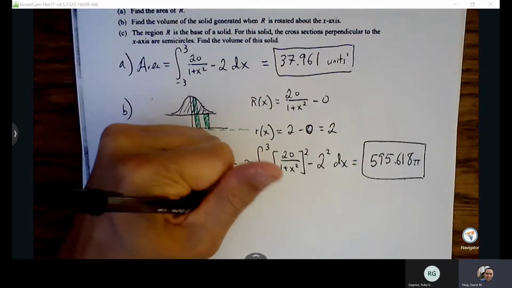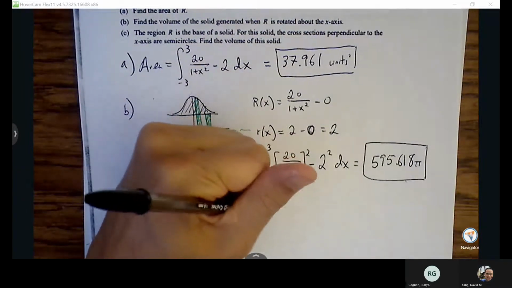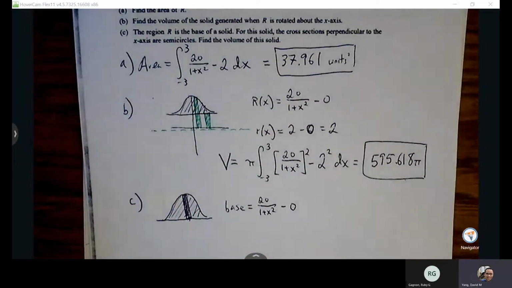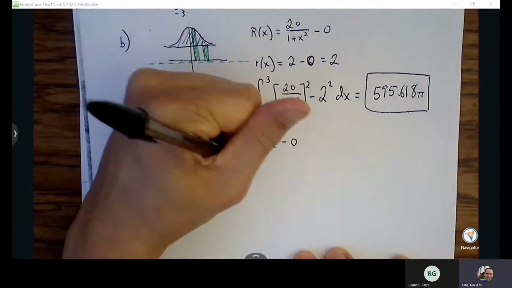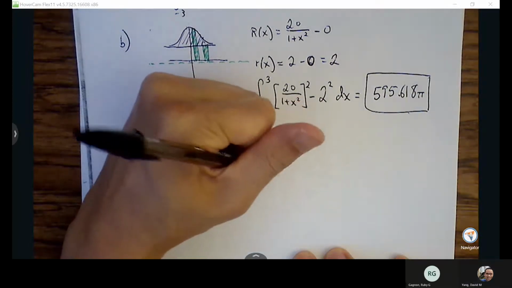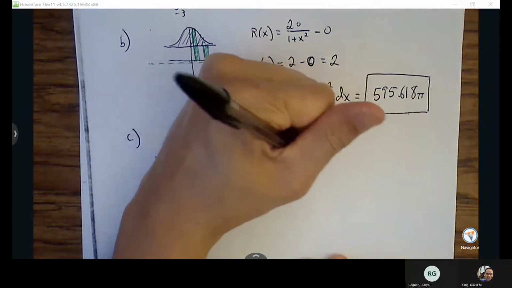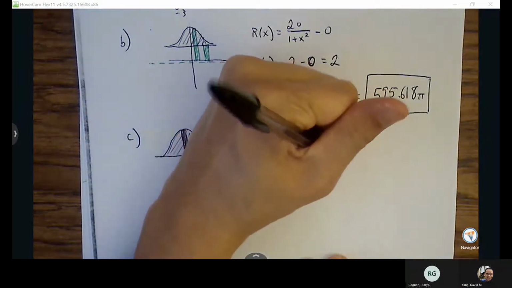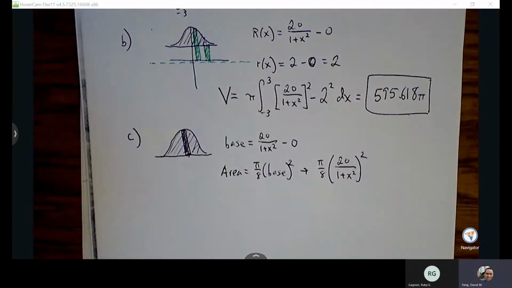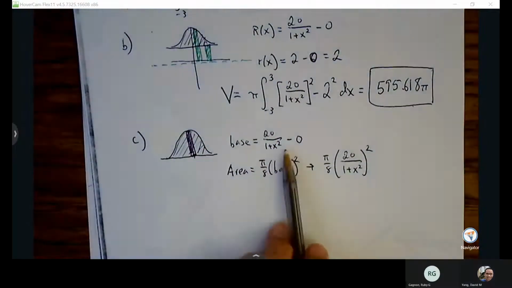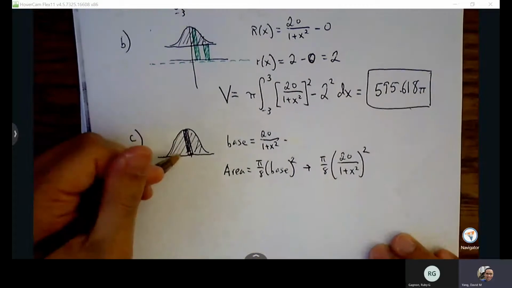Okay, base. Okay, put into your area formula. I'm sorry, -2. This is 0, this is 2.